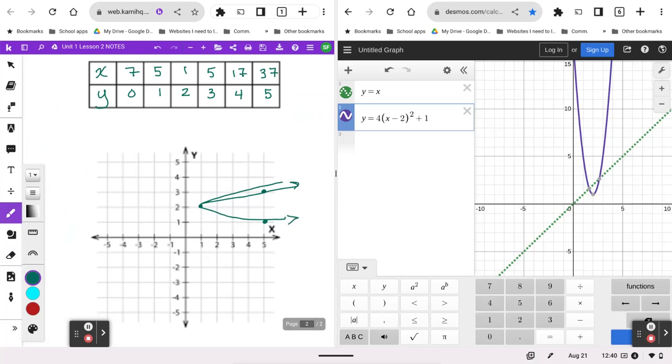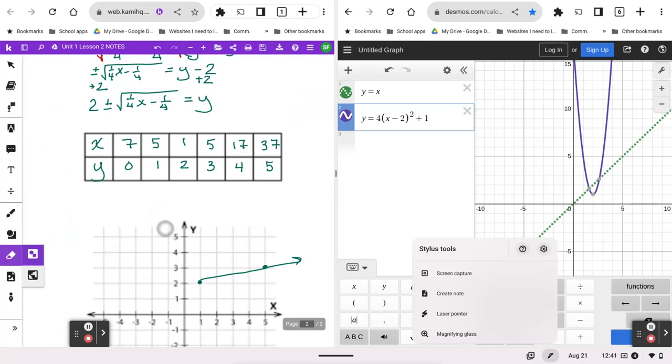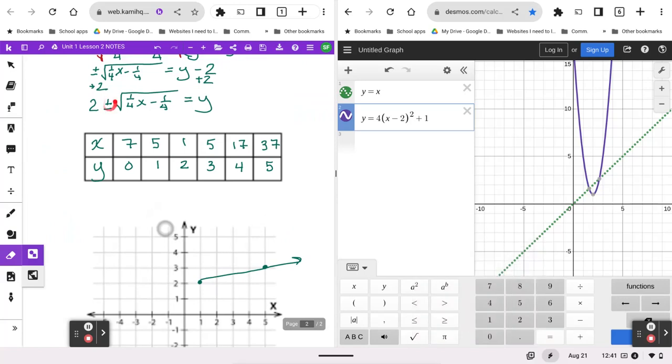But this is not a function because it does not pass the vertical line test. So we're just going to delete that part. All we're going to be working with when we graph it is just the plus up here. And if we graphed it, we'd get the same thing.